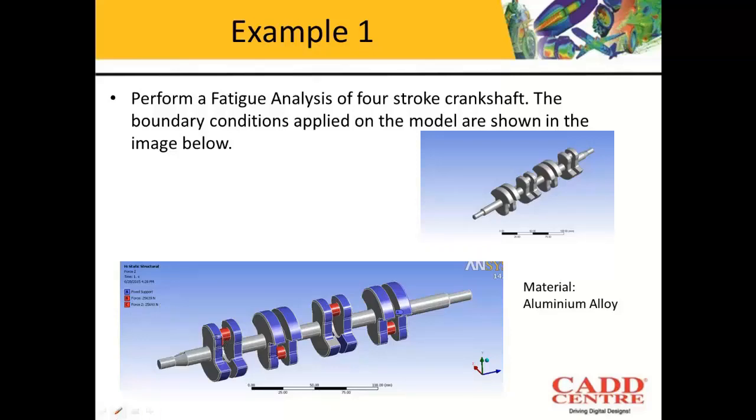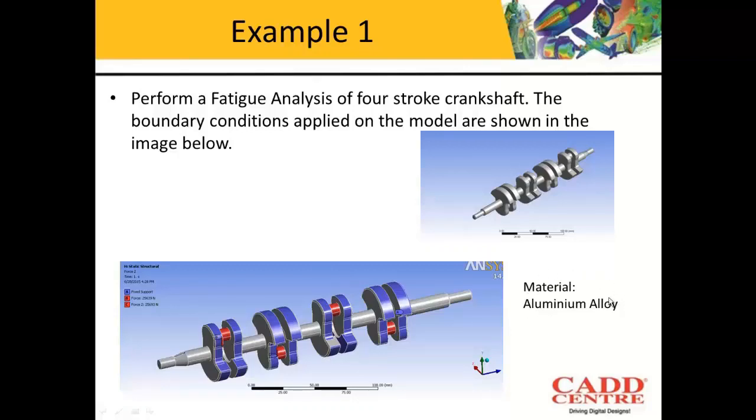Over here and over here it is acting in the negative y, and over here and here it is acting in the positive y, and this will be repeated for a number of cycles. So we need to understand for how many cycles this model will last.